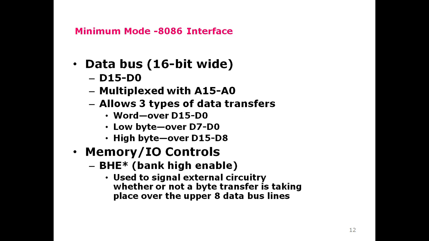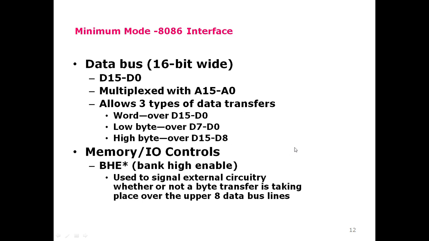The same 16 pins may be used for the low byte transfer, and for that purpose pins D0 till D7 would be used, to send or receive the low byte of the word. And if only the high byte of the word needs to be read or written to any location or any device, then D8 till D15 are used.